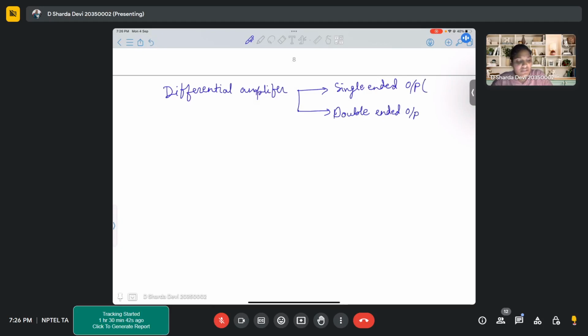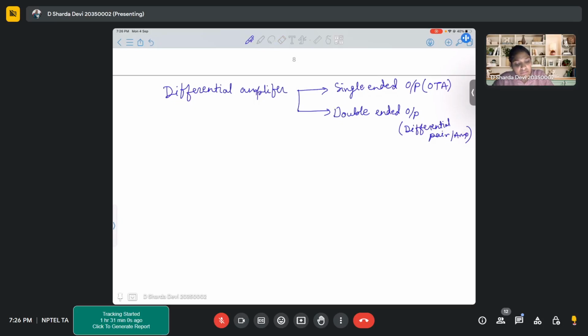Single-ended output structure is known as OTA, whereas double-ended output structure or circuit is known as differential pair or differential amplifier. Both of them can be used.